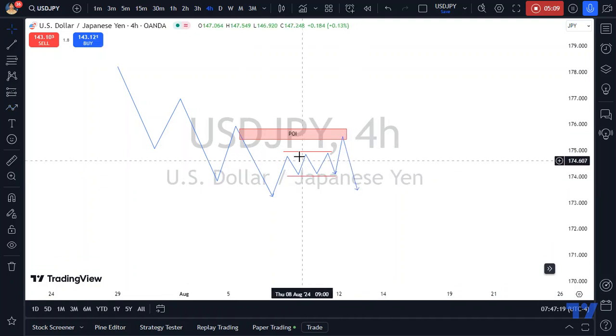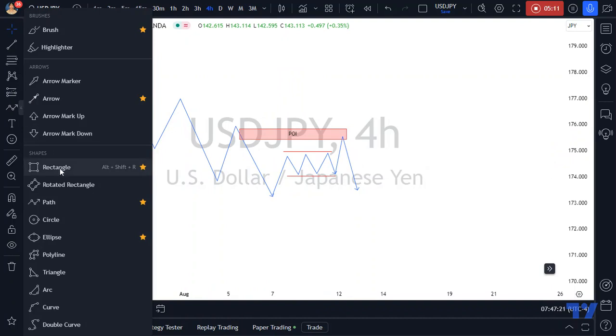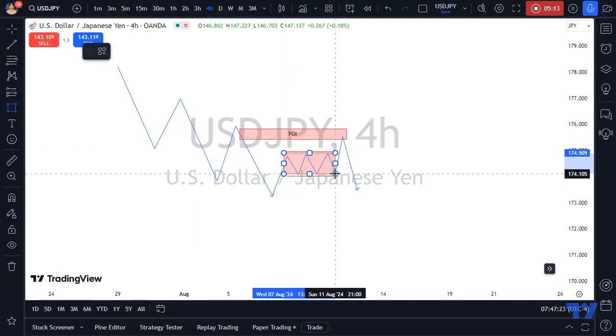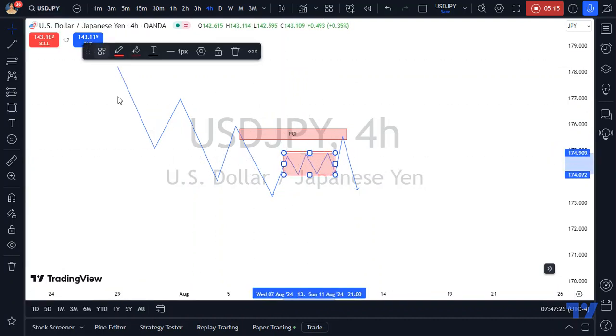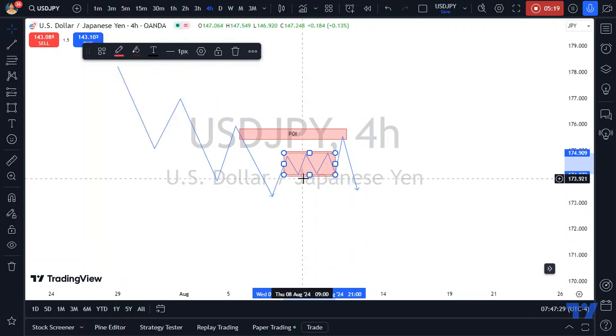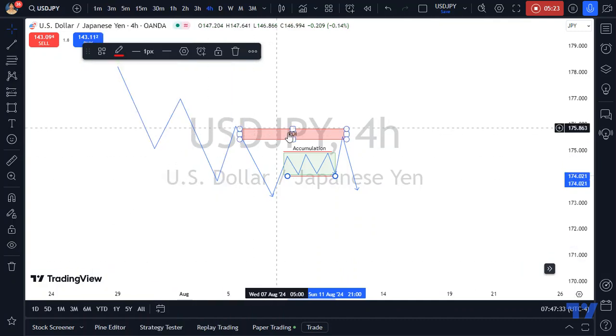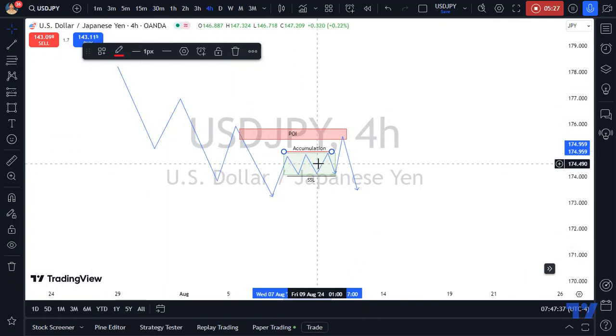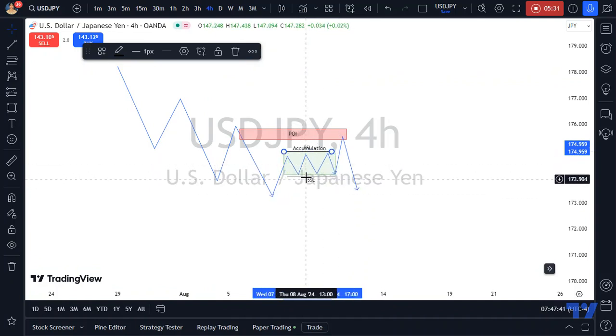This phase here is what we call accumulation. I'm going to mark that out so that you can see. Then we've got sell side liquidity and buy side liquidity that was engineered while price was accumulating.